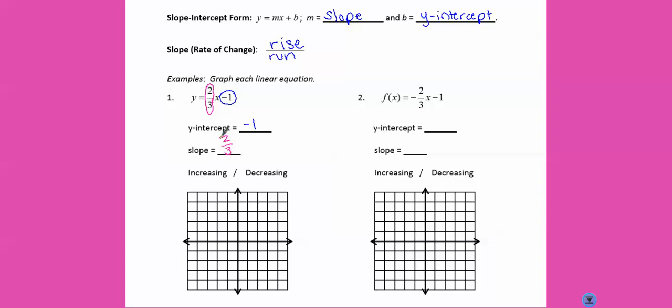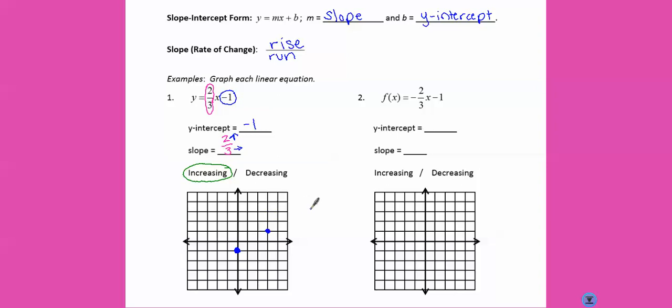Based on our slope, since it is a positive 2/3, we know that our graph will be increasing, so it should point this direction, up to the right. So we are going to start at our y-intercept, -1, and then we follow the slope up 2 over 3. So this is up and this is over. So up 2 over 3.